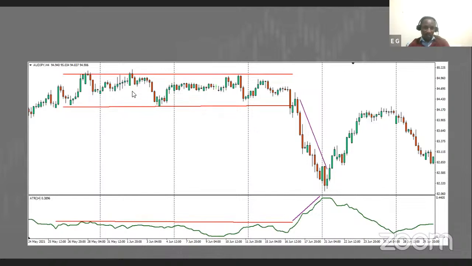So the way you'd set stop loss and take profit when volatility is low, as marked by ATR within the range period, would be different from how you'd set your stop loss and take profit when volatility is high, as can be seen by the purple trend lines.